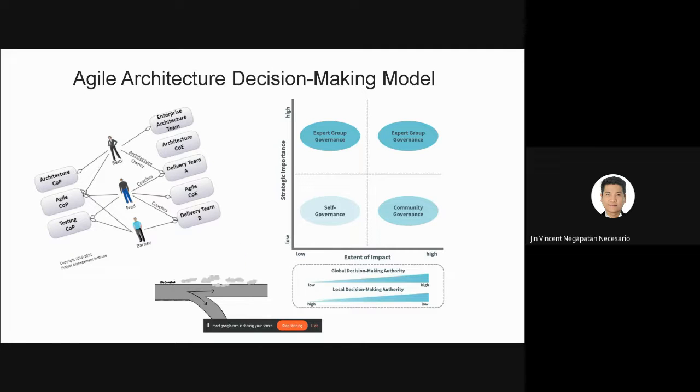So, for example, an architect on a single team needs an external library. The agile teams are allowed to make decisions within themselves without having to include the further EA governance bodies.